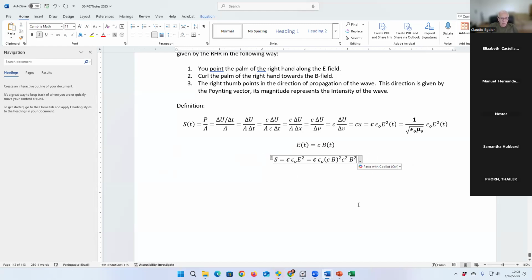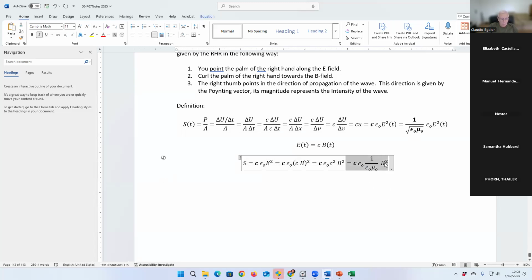Okay, we can do one more step here. Don't forget that this c square is going to be equal to this ratio without the square root. And I can take away the boldface.